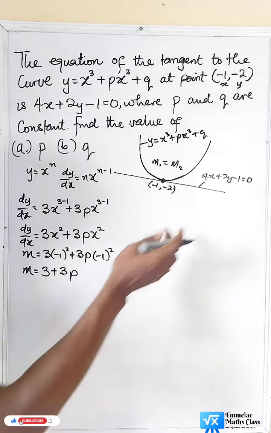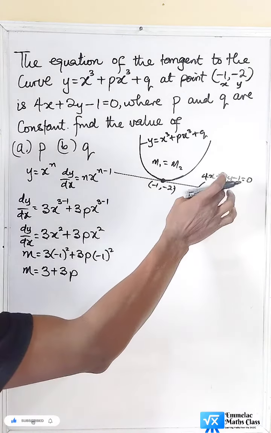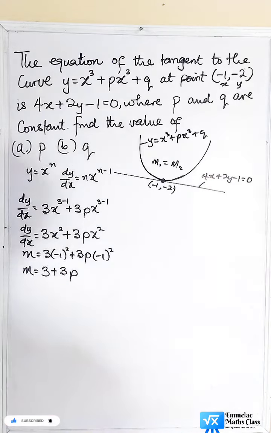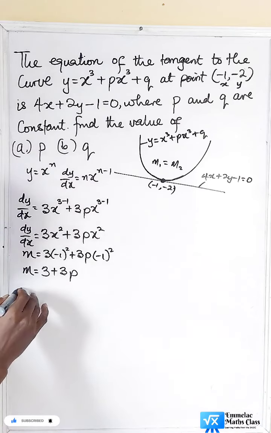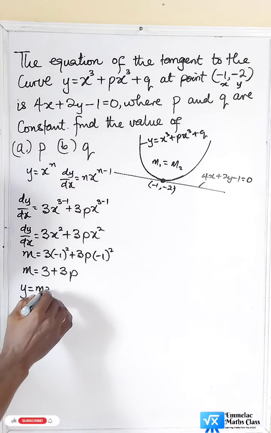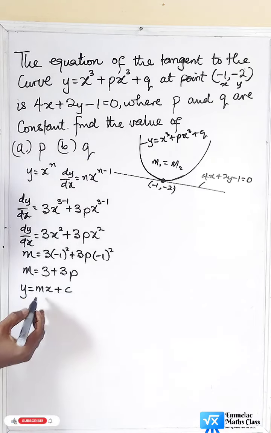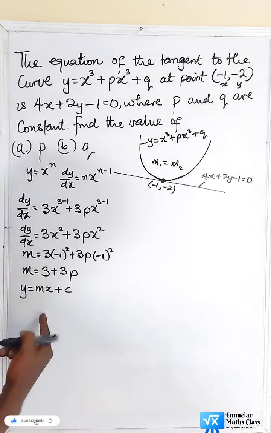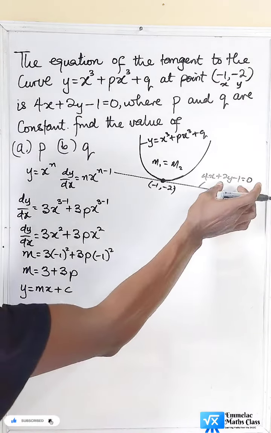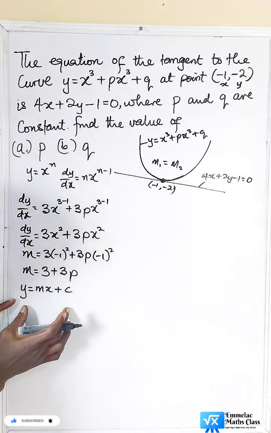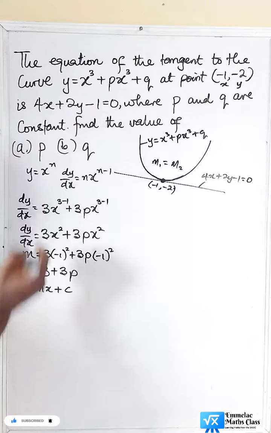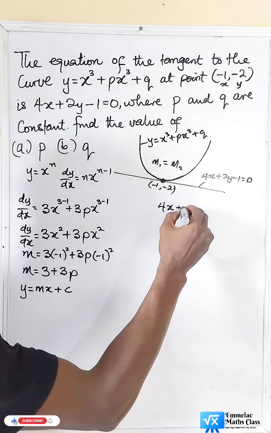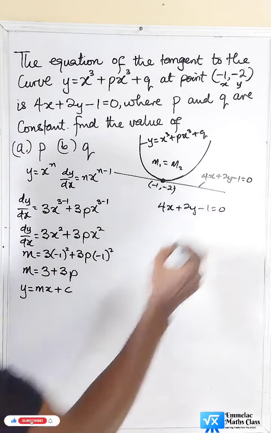Now let us find the gradient or slope of the tangent. For a straight line, y equals mx plus c, where m is the gradient or slope of the line. Let us make y the subject of the formula. 4x plus 2y minus 1 equals 0.